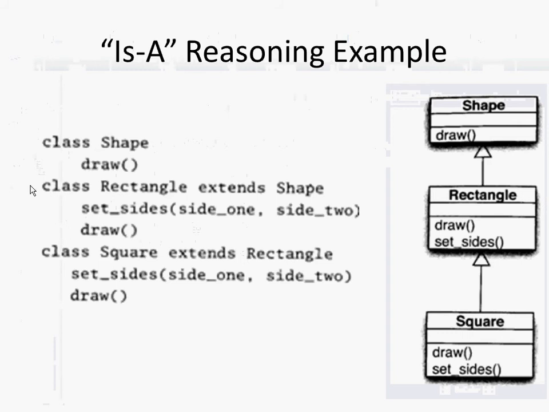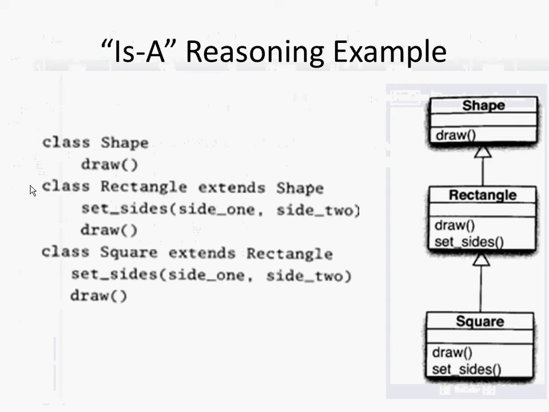You folks may have heard the old chestnut. A rectangle is a shape. A square is a rectangle. And that's often used in basic courses in object-oriented programming to guide the creation of subtypes and subclasses. So here we have a proposal to have rectangle as a subtype of shape and square as a subtype of rectangle.